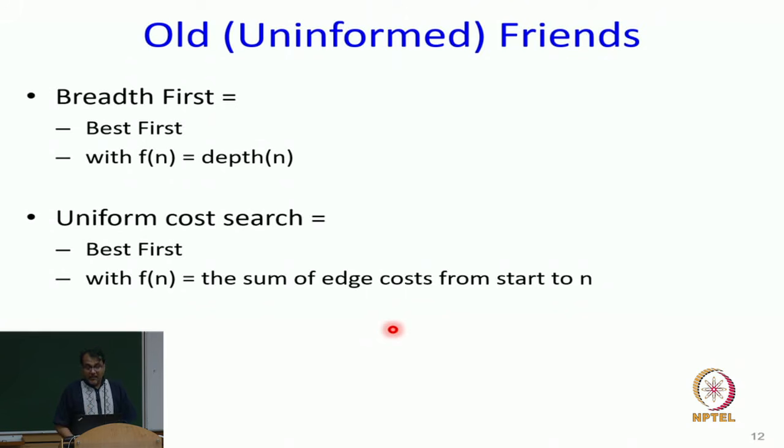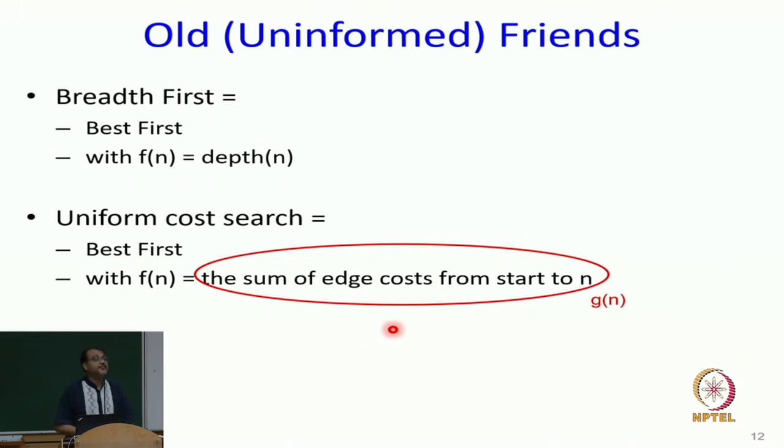And by the way I am going to define this as g of n. Okay. So, we are going to use 3 functions today, f of n, g of n and h of n, and let us make sure we understand the meaning of all 3.